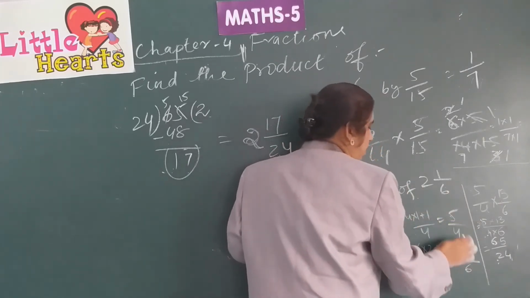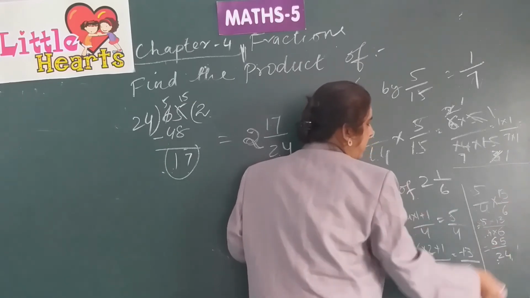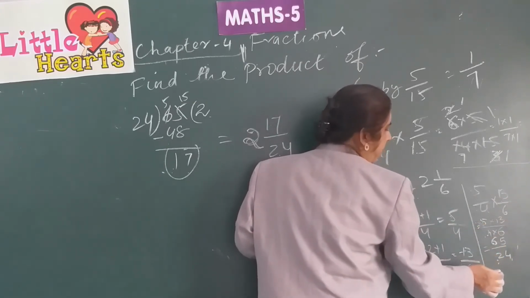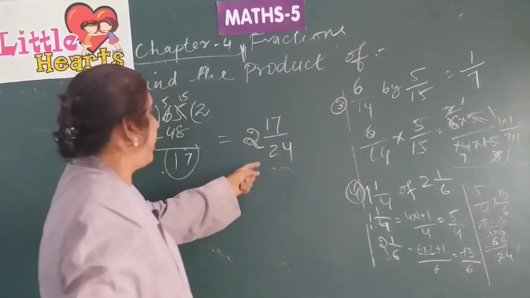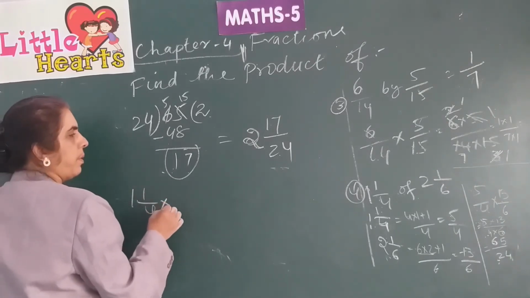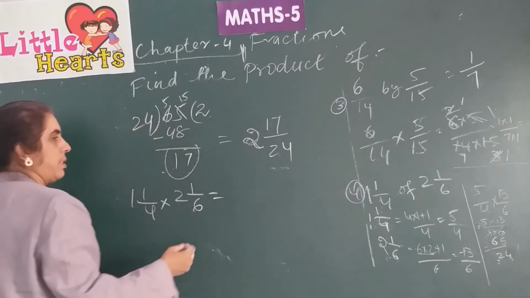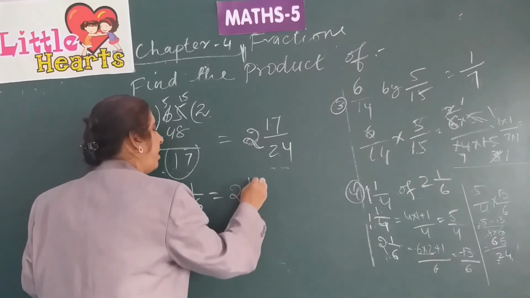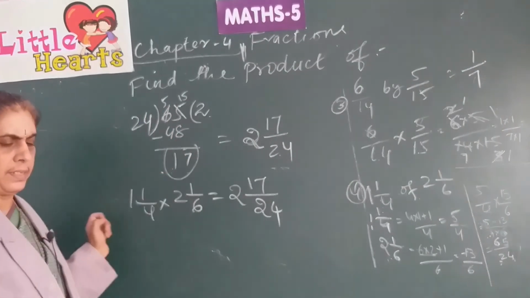Now multiply these two fractions. 5 by 4 into 13 by 6 is equal to 5 into 13 by 4 into 6, 65 by 24. If we change it into a mixed fraction, 1 by 4 into 2 1 by 6 equals 2 17 by 24. This is the final answer.